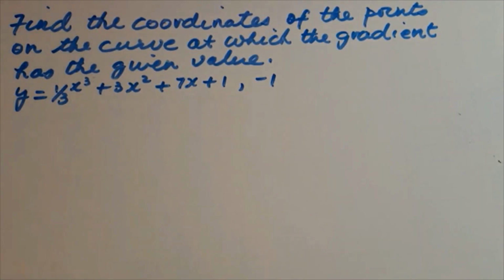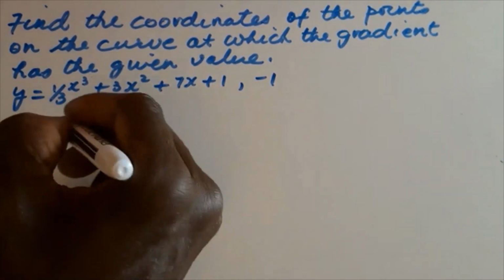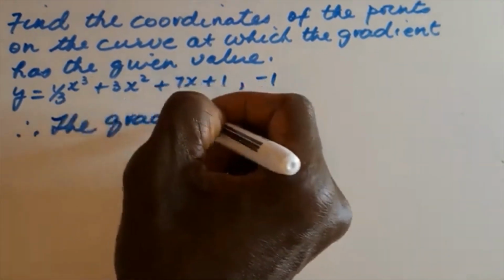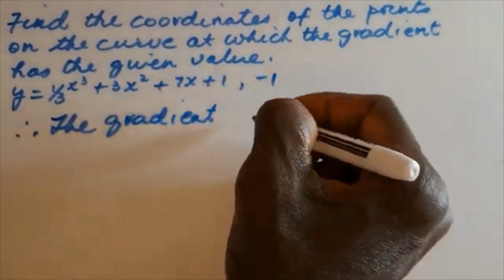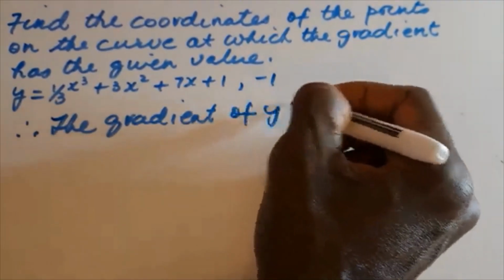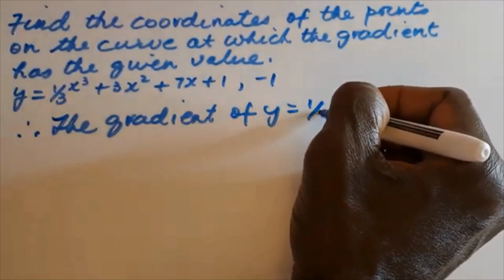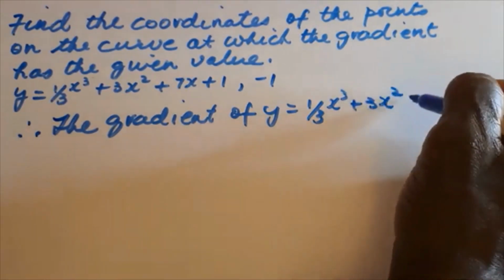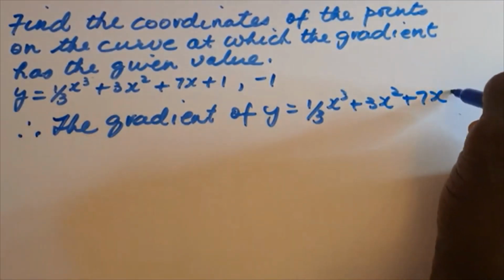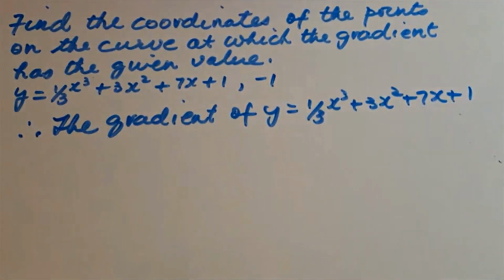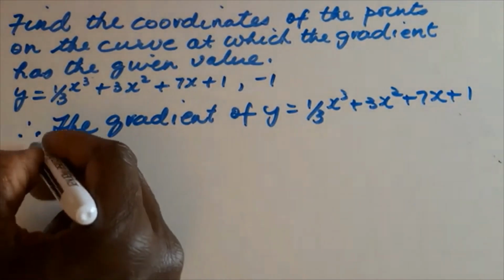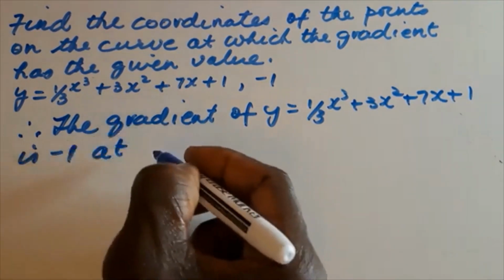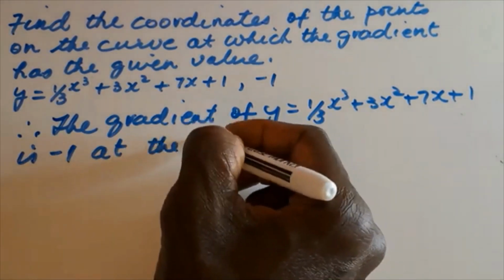Right, just to summarize, we have the gradient of y equal to a third x cubed, add 3x squared, add 7x, add 1 is -1 at the points.